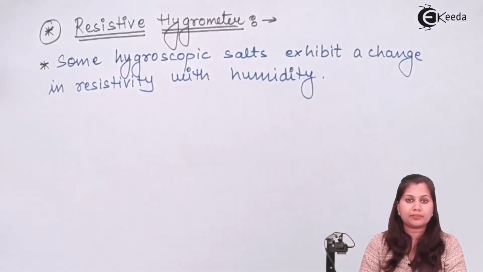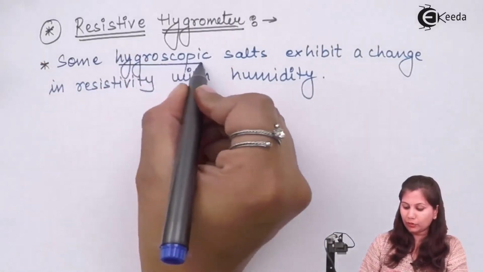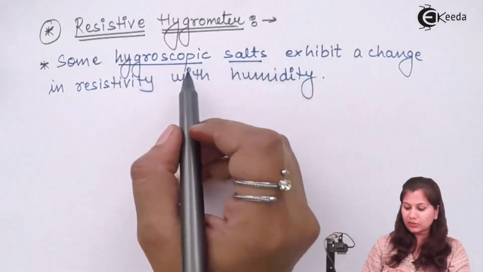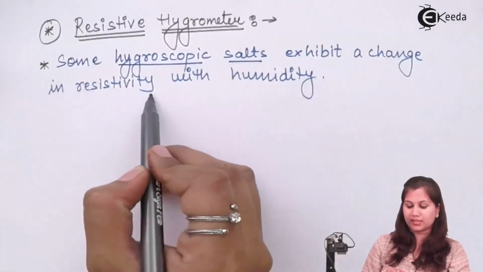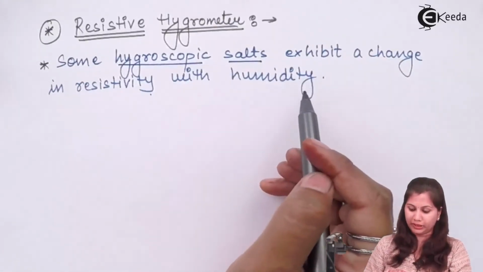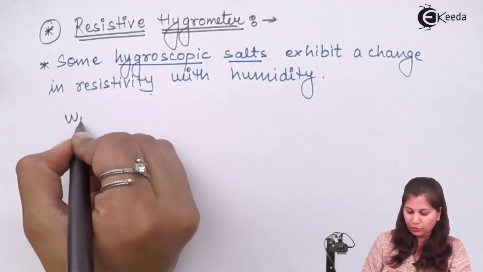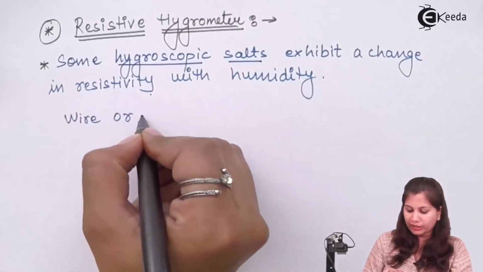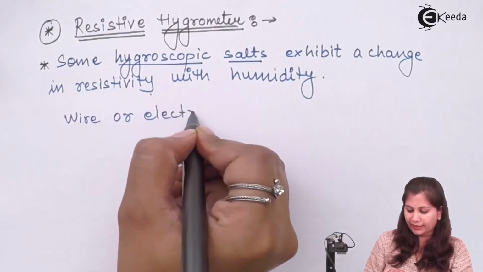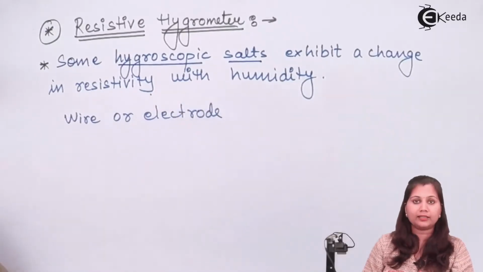There are some salts, called hygroscopic salts, which exhibit a change in resistivity with the humidity. If a wire or electrode is coated with this hygroscopic salt, then that wire or electrode can be used for the measurement of humidity.